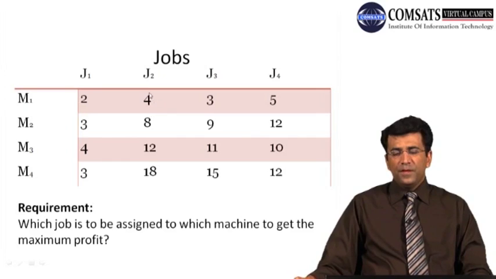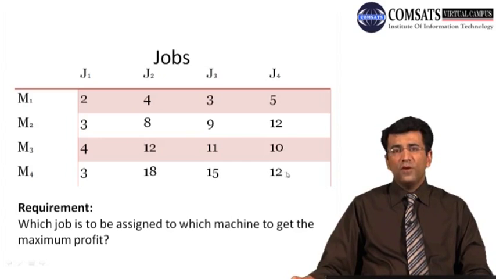Similarly, if we assign job 2 to machine 1, there will be a profit of $4. Similarly, if we assign job 4 to machine 4, there will be a profit of $12 or 12 rupees. So this is the profit margin matrix, and what is required in this particular problem is to find out which job is to be assigned to which machine to get the maximum profit.